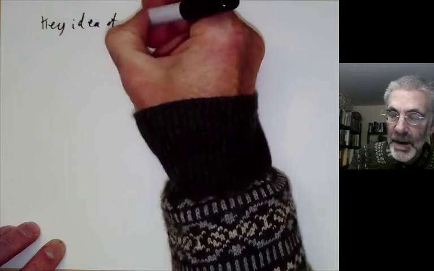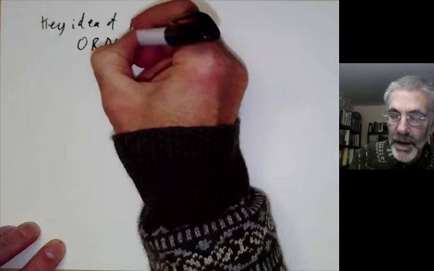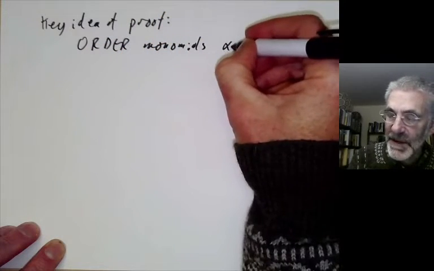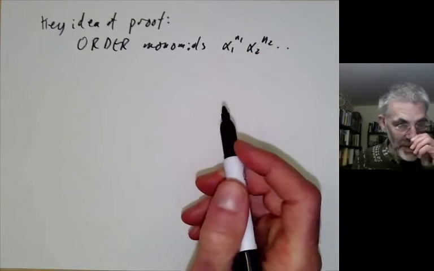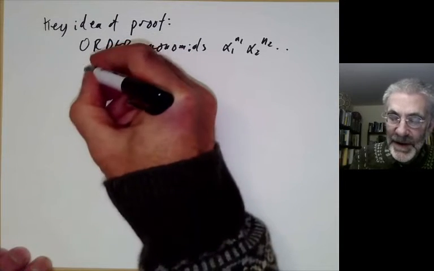And the key idea of the proof is to order the monomials. So we've got monomials alpha 1 to the n1, alpha 2 to the n2 and so on. And we want to put some sort of order on them. And you can ask what order? Well, there are many different orders.